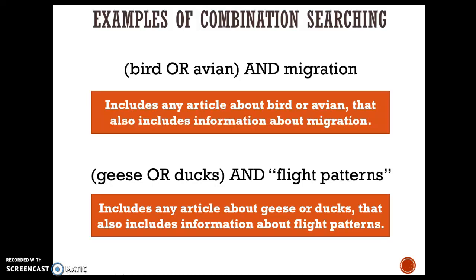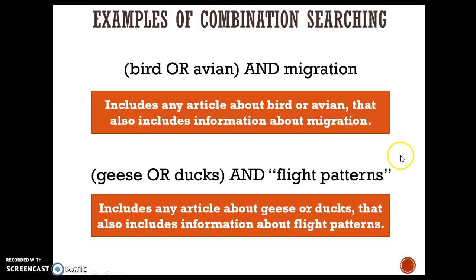So flight patterns is a phrase, two words, but we're going to put quotation marks around them when we search for that phrase, because we don't want results that just say flight or just say patterns. We want to search for the entire phrase, flight patterns. So in order to find articles that include that entire phrase, you put quotation marks around it.